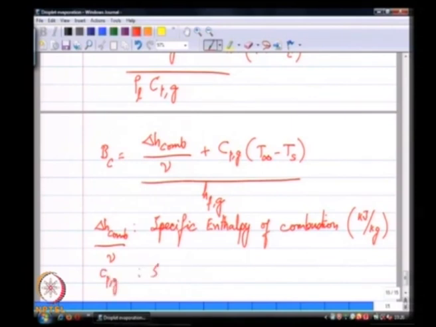CPG is the specific heat at constant pressure of the gas phase.